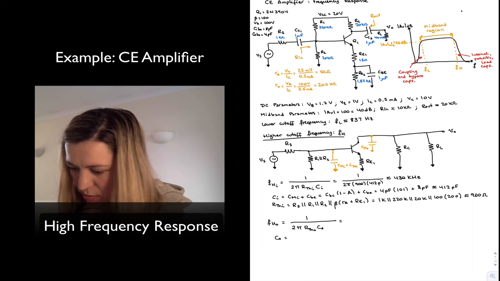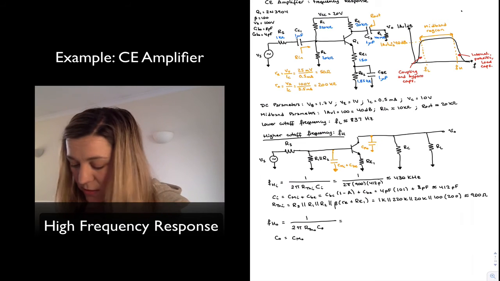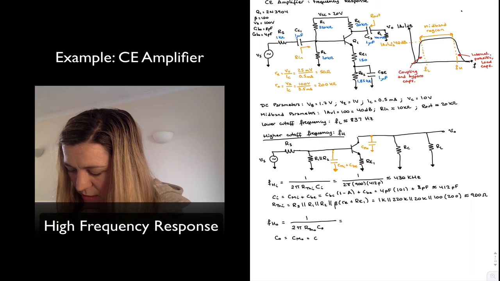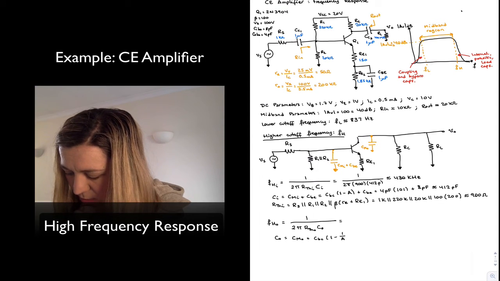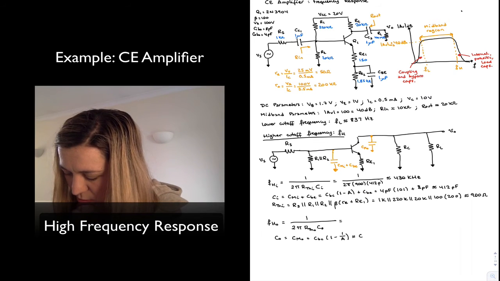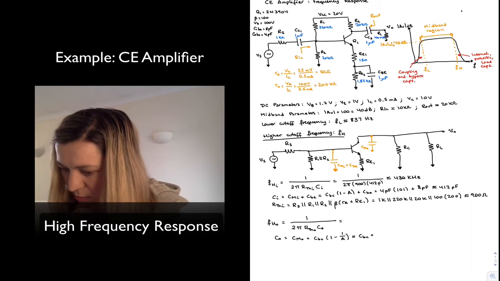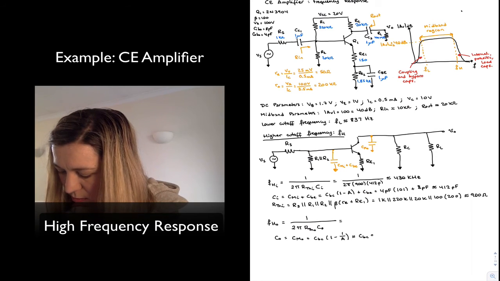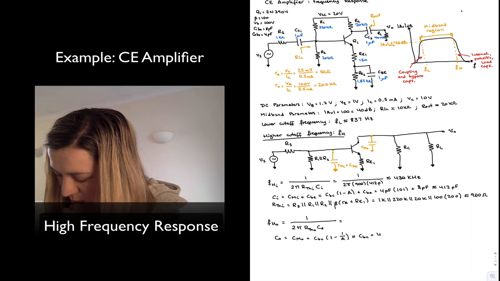C out, in this case, is just going to be CMO, the Miller output capacitance, which is going to be CBC times 1 minus 1 over A, which is approximately equal to 1. So this is approximately equal to CBC, which is 4 picofarads.